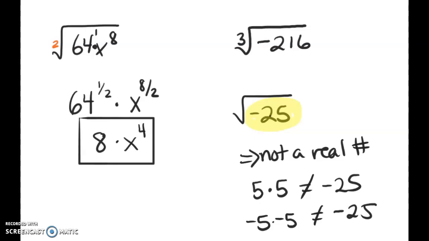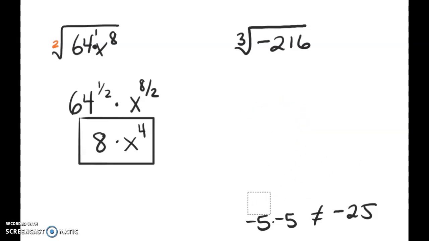It ends up being a complex number, an imaginary number. But that's what square roots, 4th roots, 6th roots, the even roots, do. You can't take that root of a negative number.